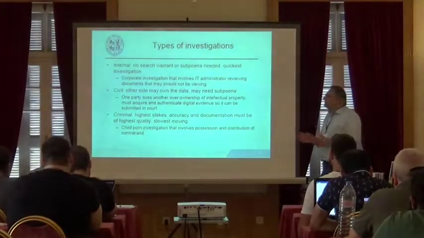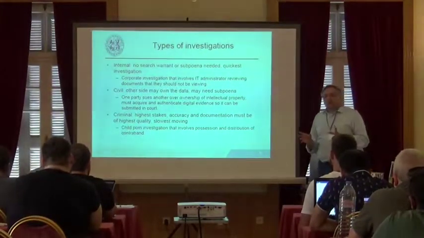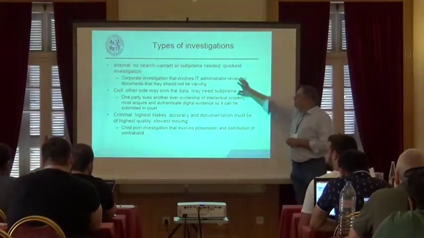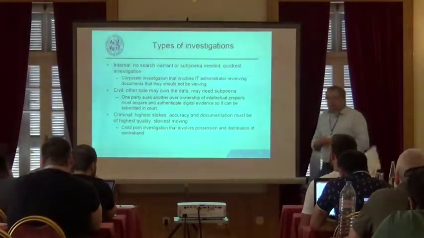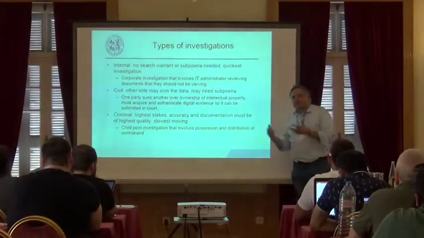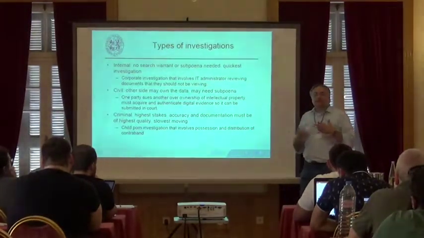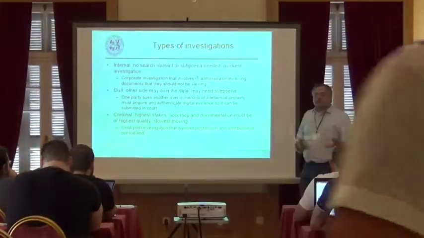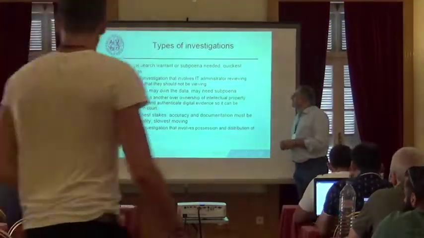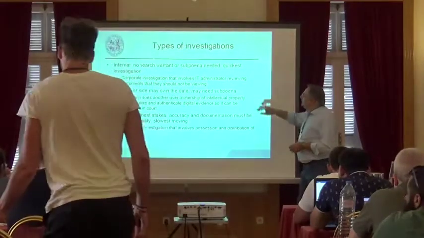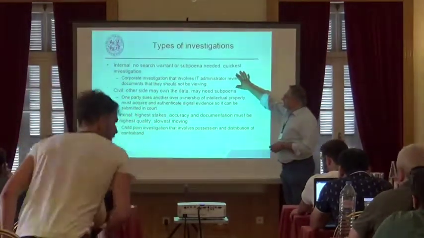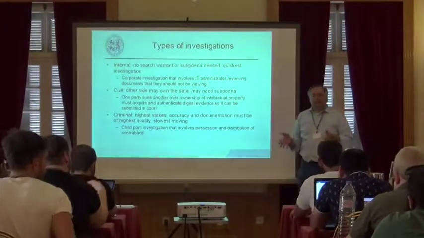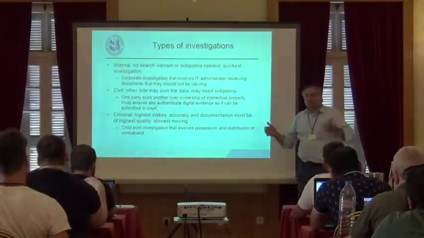So there are different types of investigation. We don't need to go all the way for every type of investigation. Some of them are internal investigations, where the company thinks that something was done wrong. For example, there's a leak, or some employees are copying data and giving it to the competition. In that case, it's easy because they're looking at their own equipment, so they don't need to get permission from anybody.